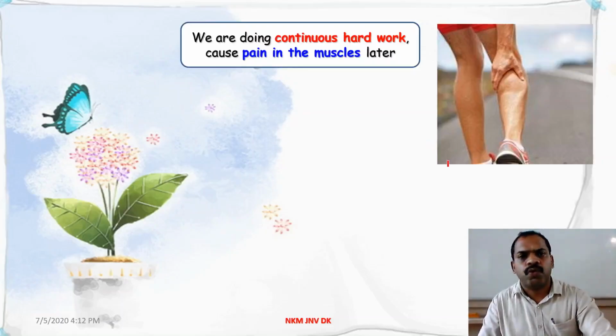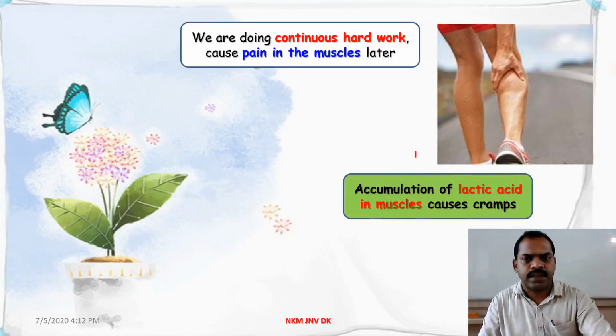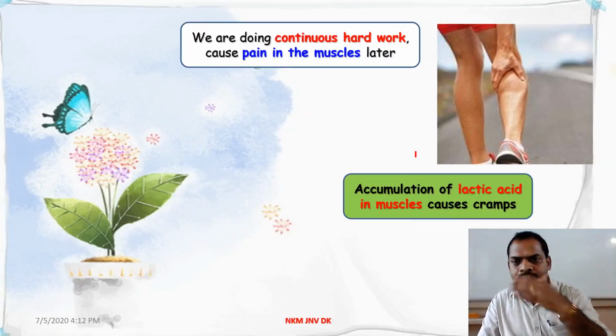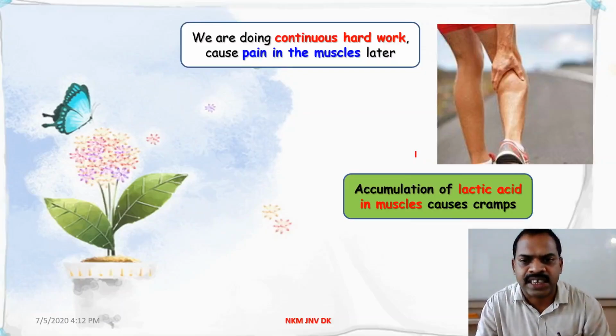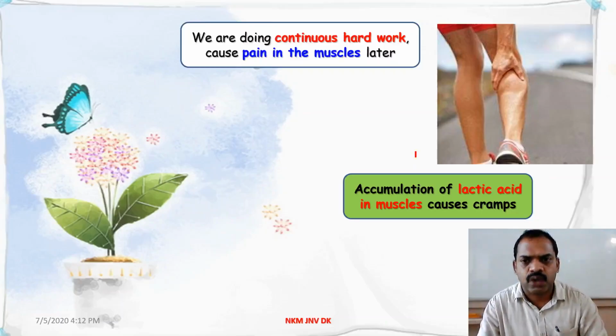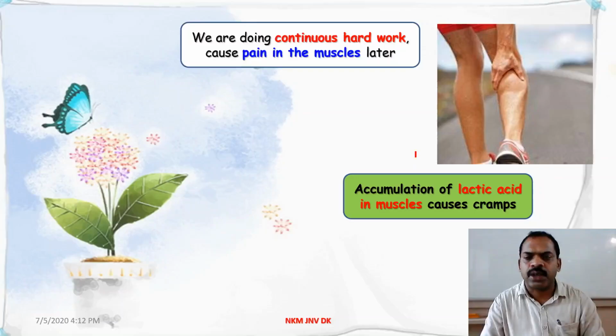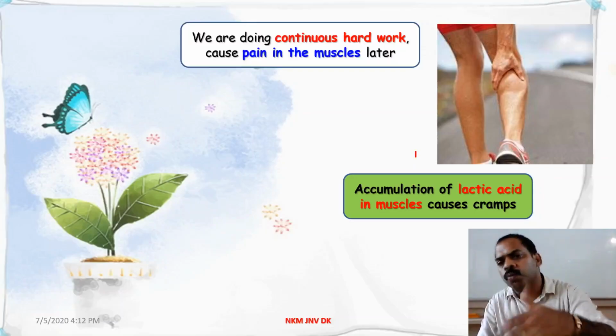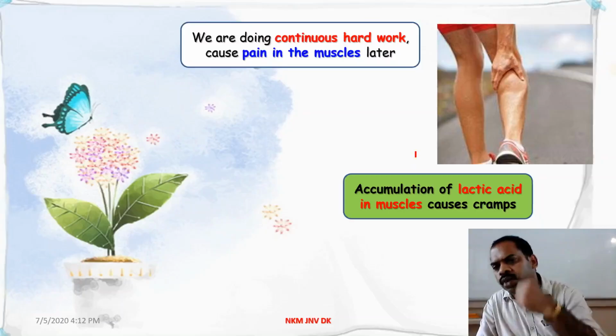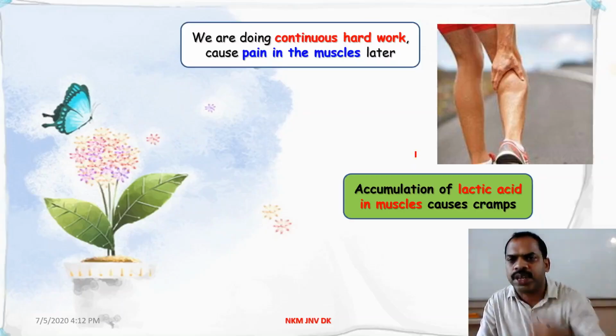Why do you feel that pain? The reason is accumulation of lactic acid in muscles. That causes muscular cramps. Sometimes you may not be able to move at all. Next day, there is heavy, severe pain.